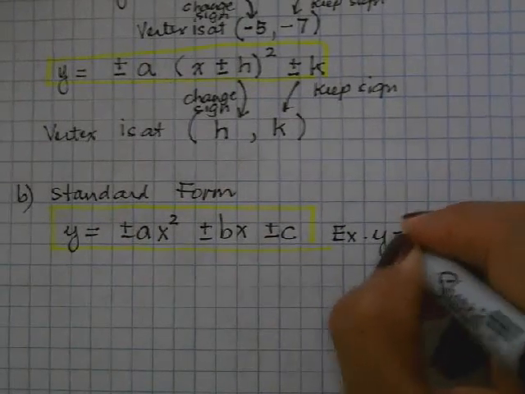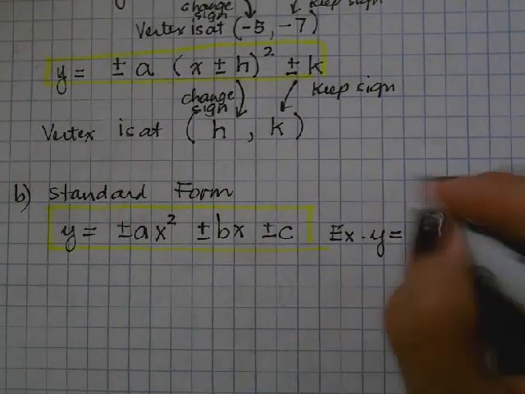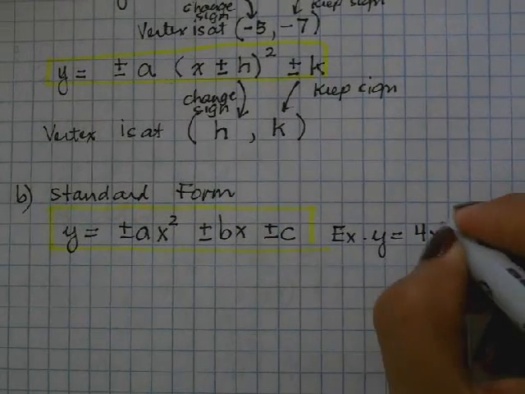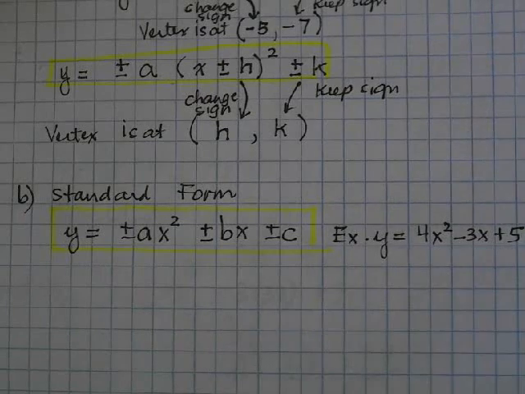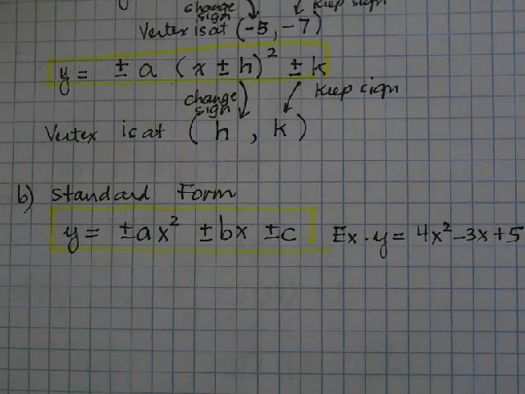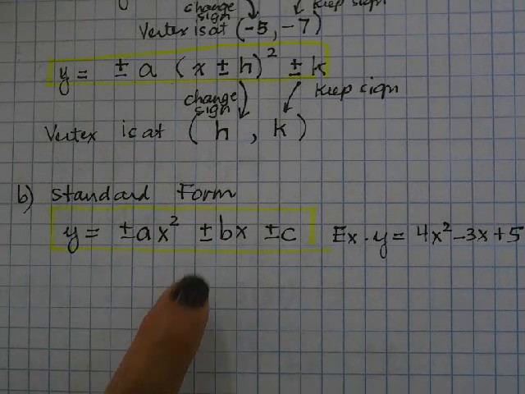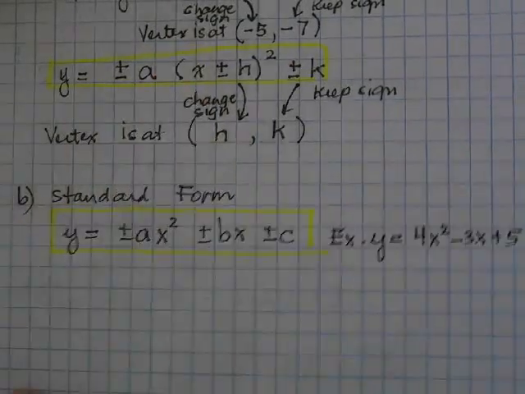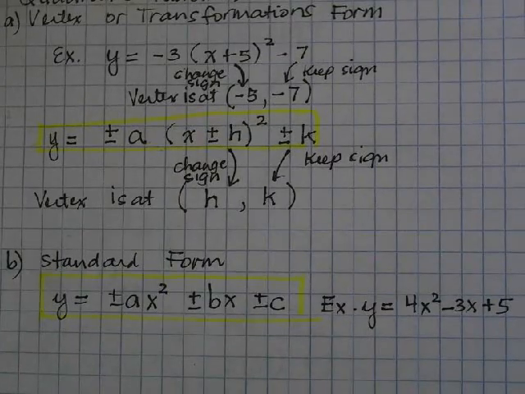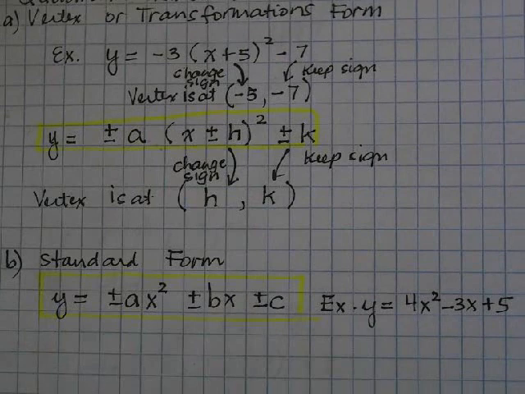Let's say y equals 4x squared minus 3x plus 5. That is a standard form of a parabola. This one is the vertex form. Vertex form, standard form.